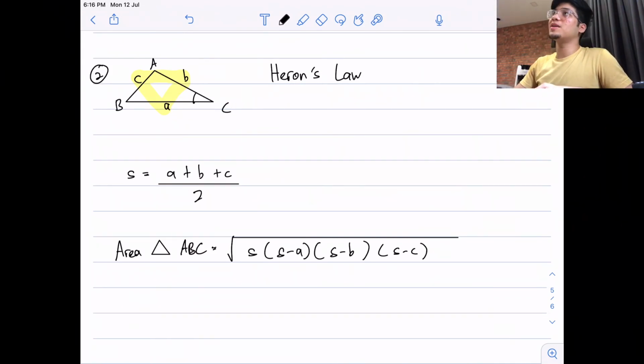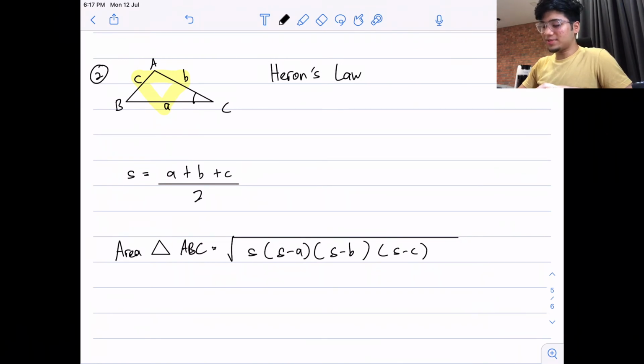I mean, if you think about it, this is a faster method compared to having to use cosine rule and then having to find the area. So this is something good to keep in mind also, but I generally don't use this at all because I just prefer using cosine rule even more.